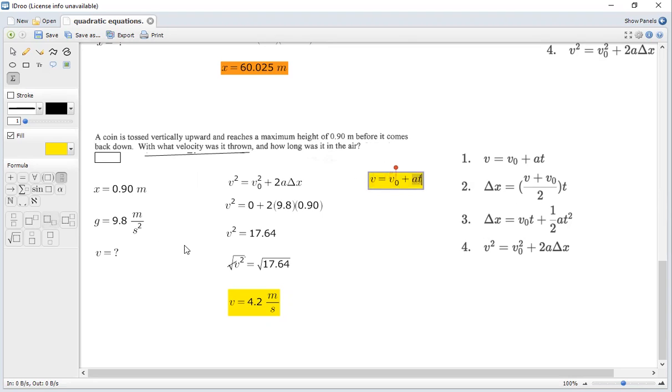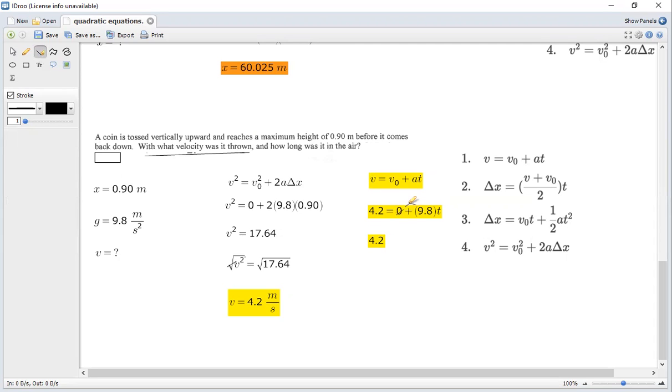What is the velocity that we already have from the previous problem? 4.2. 4.2 equals 0 plus acceleration, which is 9.8, and we need to look for time. Look. Okay. Now we have 4.2. This 0, remember, we eliminate because 0 plus any number is the same.